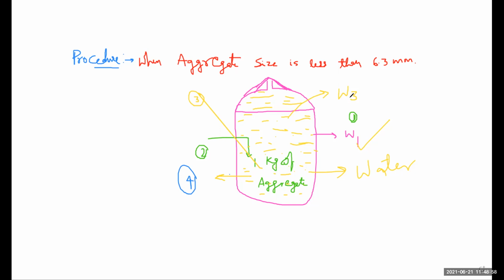Next, the specific gravity of aggregate is considered an indication of strength, which I already discussed during our first session and also at the start of this lecture. A material having high specific gravity is generally considered to have higher strength, and water absorption of aggregate is a measure of porosity.